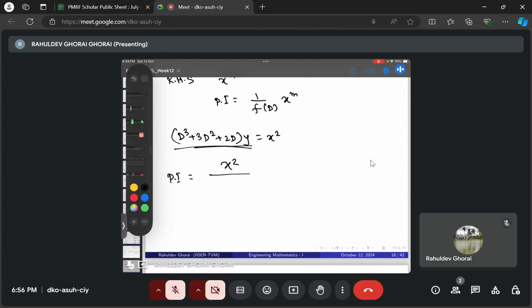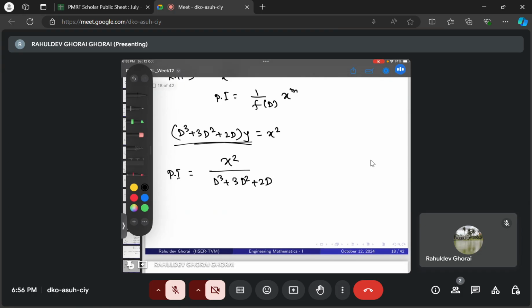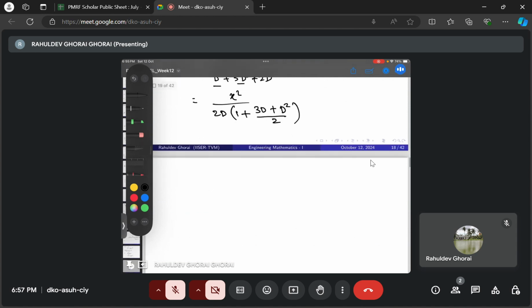Then x square over d cube plus 3d square plus 2d. Okay, so that's how you can write this. You can take 2d common from all the terms, so that will be 3d plus d square over 2.